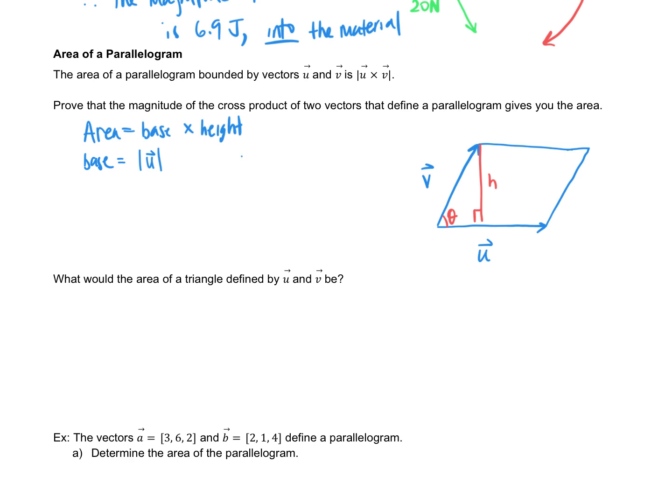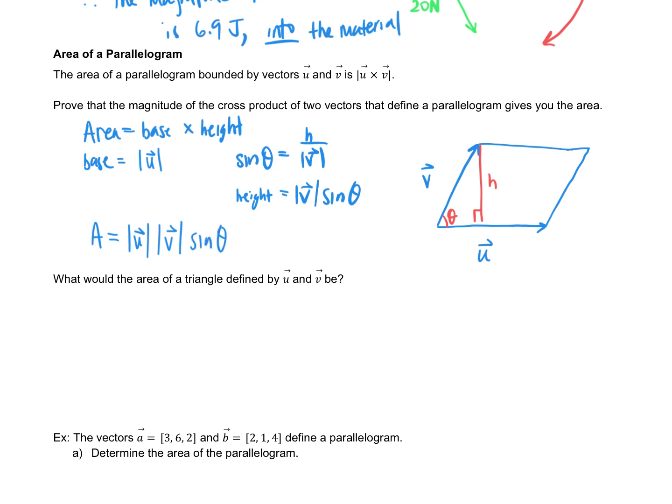So we would be using sine theta equals the height divided by the magnitude of v. If we cross multiply, we end up with the height being the magnitude of v times sine theta. So if we put those two things together, the area of the parallelogram is the base, which is the magnitude of u, times the height, which is the magnitude of v times sine theta.